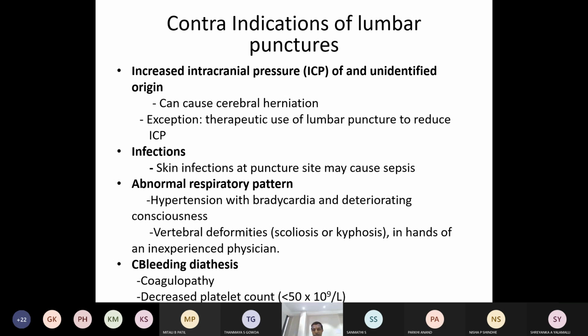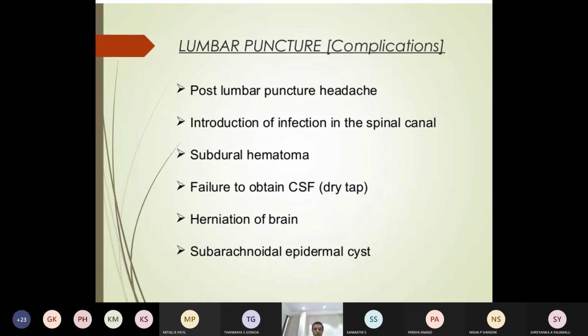Vertebral deformities. It happens in the hands of an inexperienced person who does not perform the procedure properly for collection of CSF. It directly leads to infection of the brain, and then there will be possibilities of all complications, even bleeding, coagulopathy, decreased platelet count.